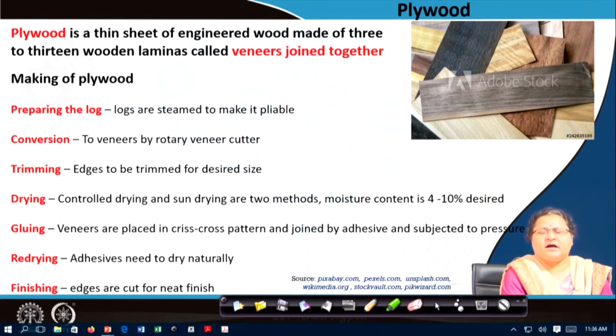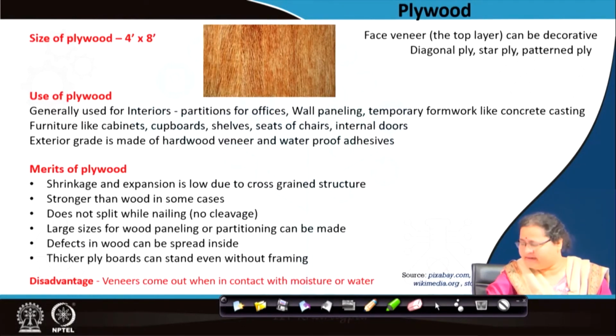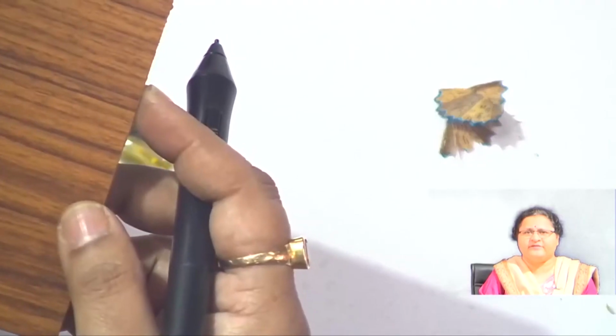So, this is how we make plywood and get the advantage of it, that you need not go for detailed joinery, rather you can use it in a different way, as a covering material. You can use it as a partition wall, you can use it for furniture, you can cover the top surface with a nice finish.